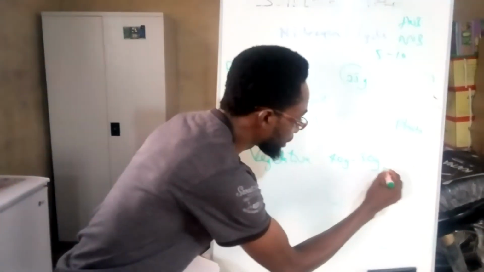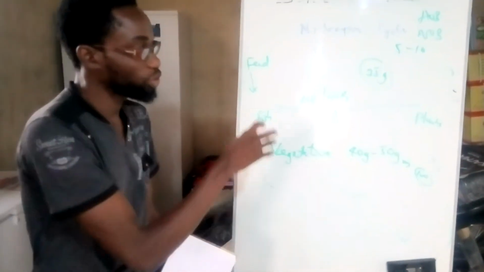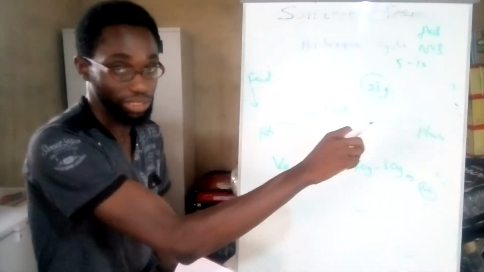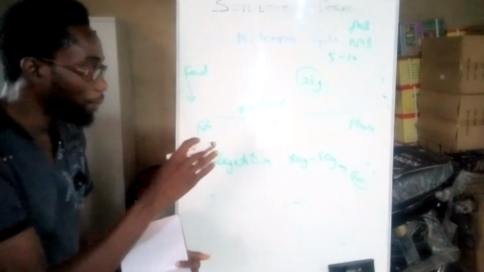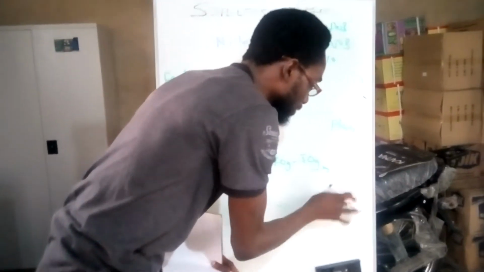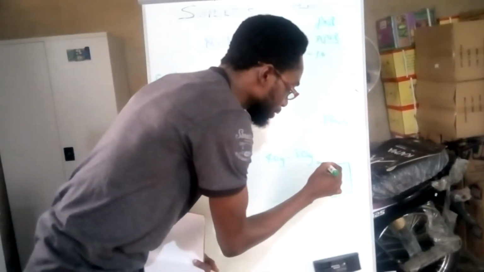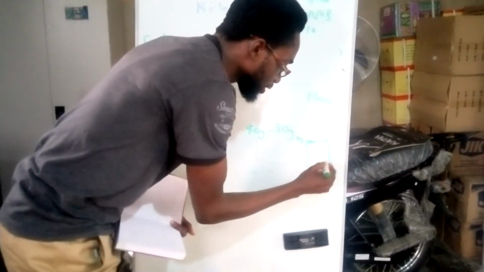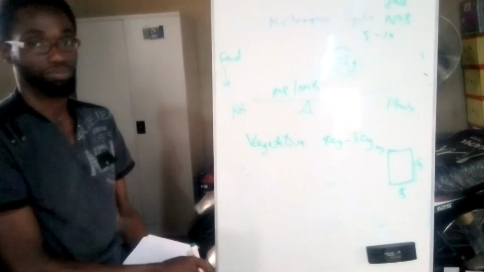So this can take care of about 100 vegetables daily. Between 40 to 50 gram of feed used daily will take care of about 100, or better still, let's put it in a way, because we say 100, that might look harsh, will take care of a square meter of plants. So when we say square meter, it means 1 meter by 1 meter space.